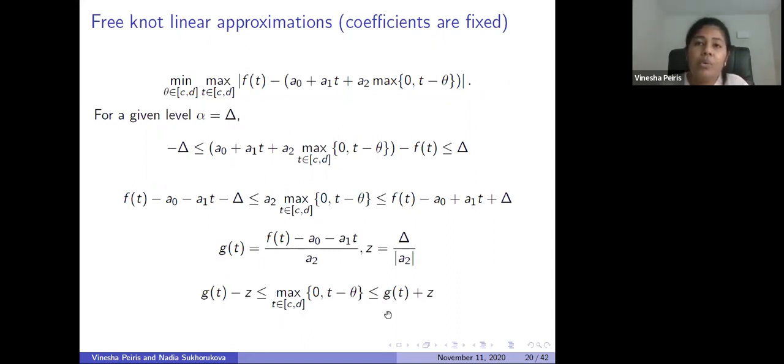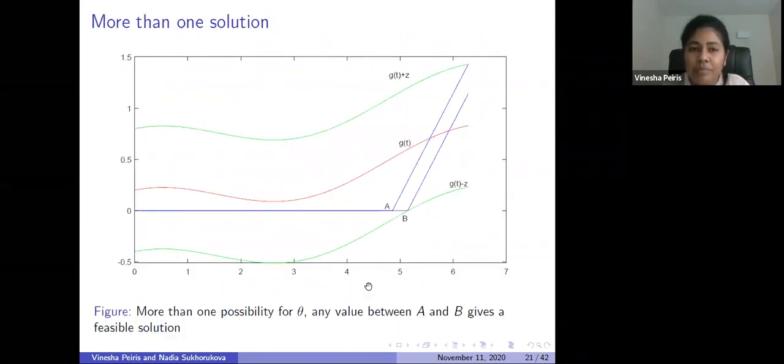So now the feasibility problem is equivalent to fitting this maximum function in the area between g of t minus z and g of t plus z. So we want to check if there is any theta value that could fit this maximum function between these 2 bounds. We consider 2 cases here.